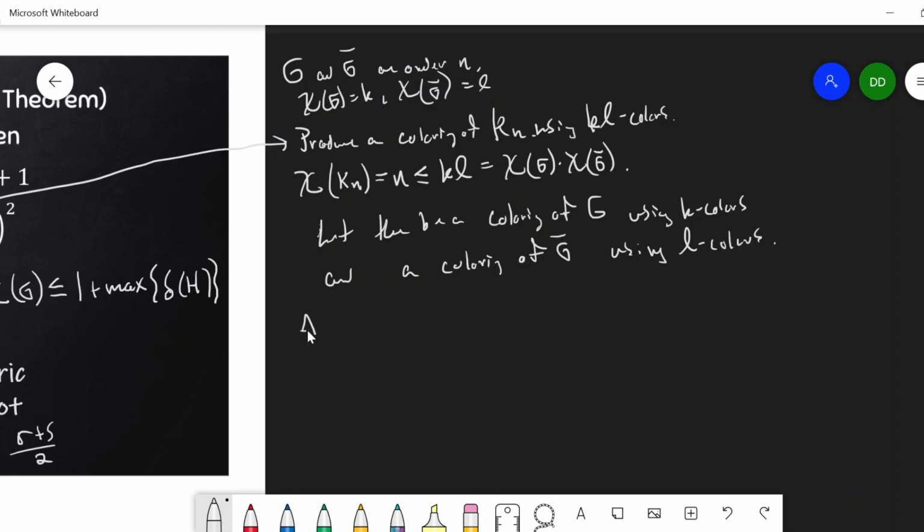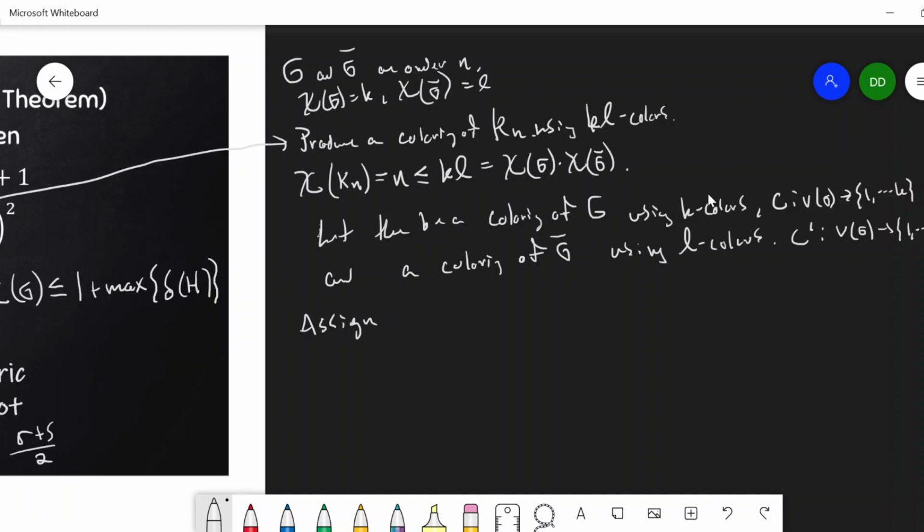And then in Kn, let's say this coloring of G is, let's call this c. This goes from the vertex set of G to the integers 1 through k. And then let's say we have c prime from the vertex set of G complement, which is the same as the vertex set of G, to 1 through l.